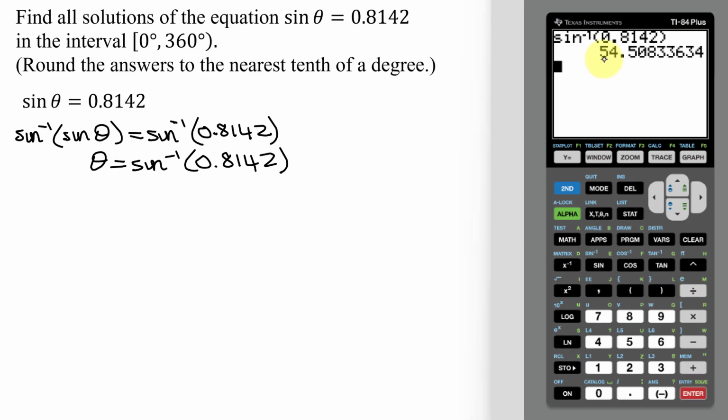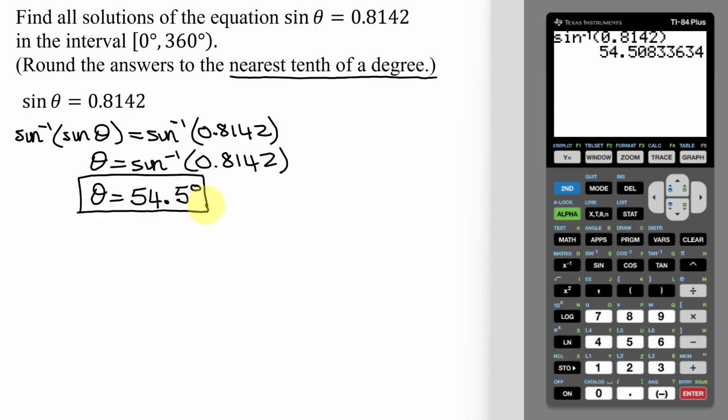And here is one of my solutions, 54.508, etc. degrees. I need to round it to the nearest tenth of a degree. That's the position of the 5. The 0 is not going to change the 5. So my answer is theta equals 54.5 degrees.